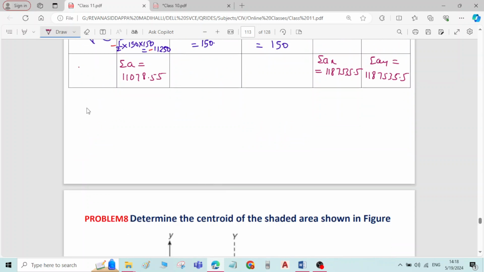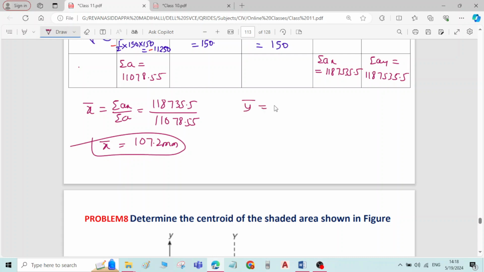We know the formula: x bar is equal to sigma AX by sigma A, which is 1187535.5 divided by 11,078.55. By this we will get x bar as 107.2 mm, and y bar is equal to sigma AY by sigma A, the same answer, 107.2.